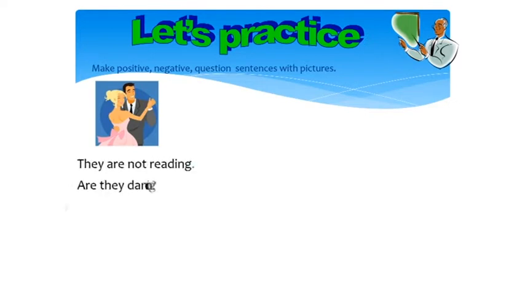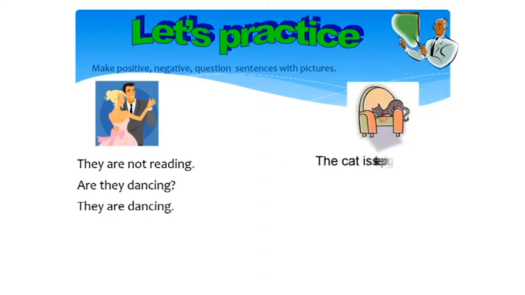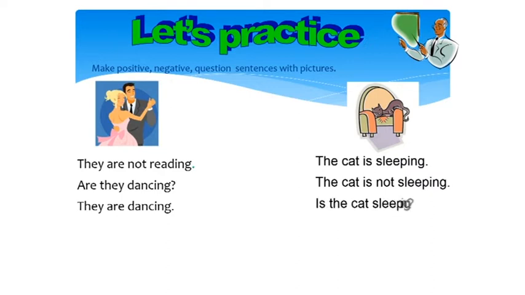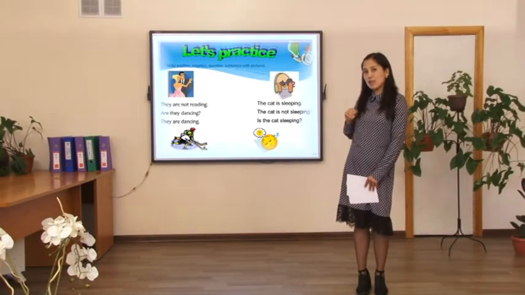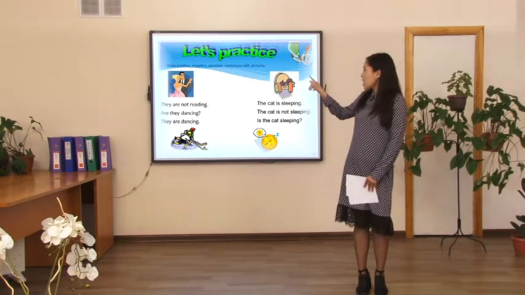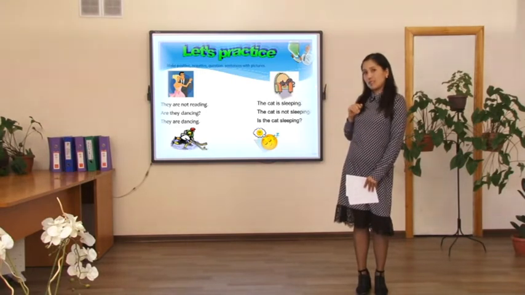Here we have some pictures and your task is to think. Make positive, negative, question sentences with pictures. For example, here I give you some examples with a picture. There are three forms. They are not reading.